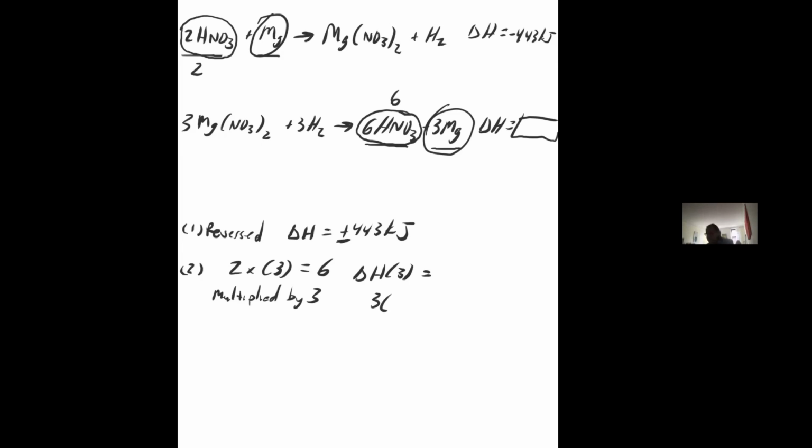So 3 times positive 443 kilojoules. We're now going to get, what is that? I'm not sure. 443 times 3. 9, 12, 12, 13, right? Looks like 1329. So 1329 kilojoules. Now there is a sig fig issue.